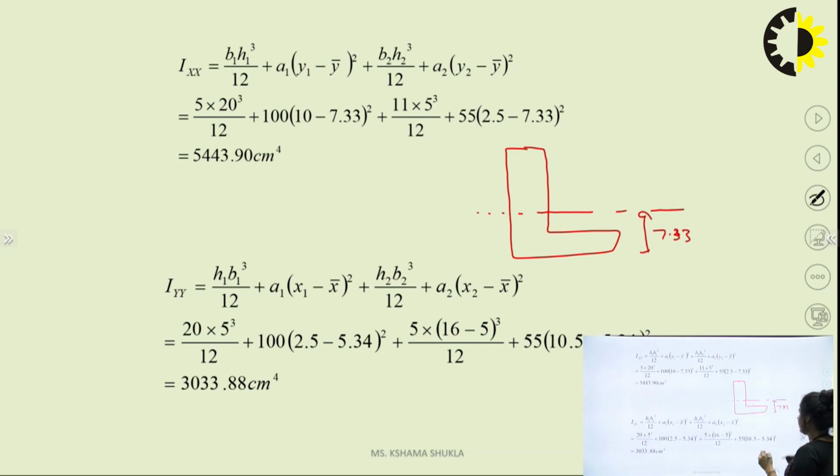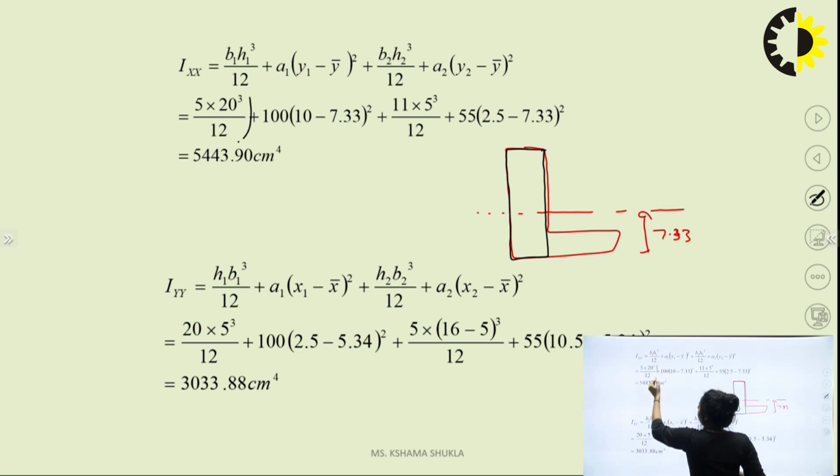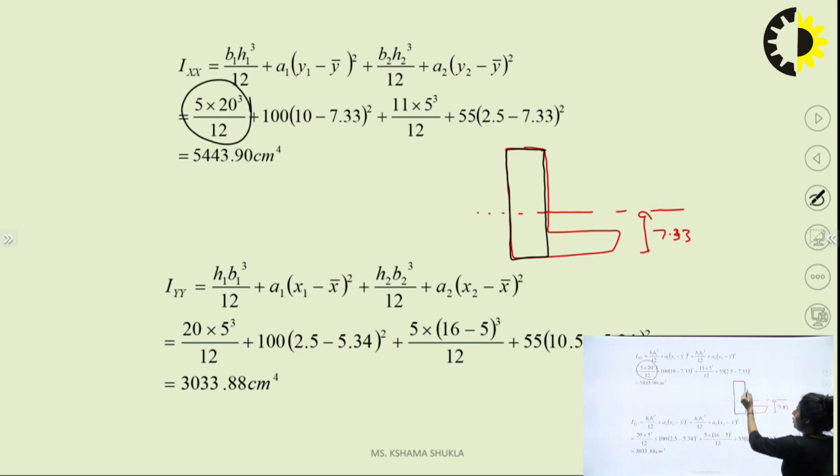How can we find Ixx? First, for this section, the moment of inertia Ig1 is B1 D1 cube by 12. So B1 is 5, D1 is 20, divided by 12. This is simply the moment of inertia of this section only.